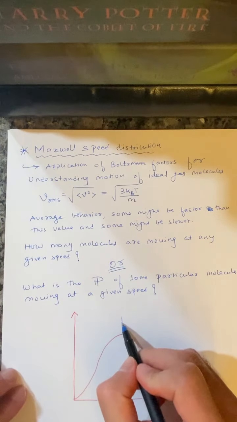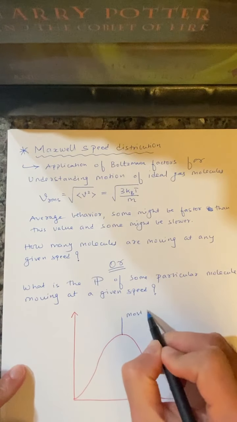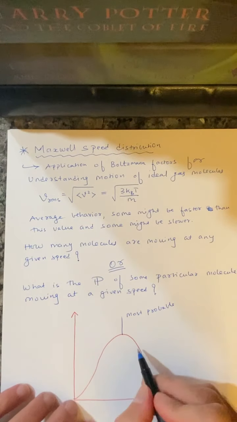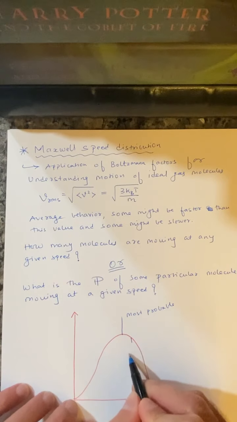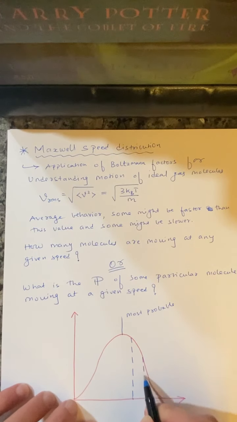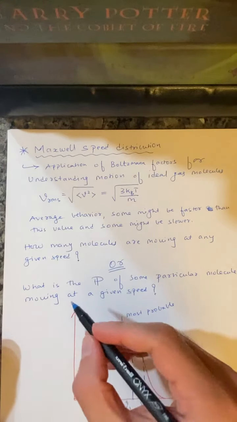Over here, you're looking at, as I said earlier, the peak, the most probable speed. If you had speed V1, speed V2, and on this side, what is this side?